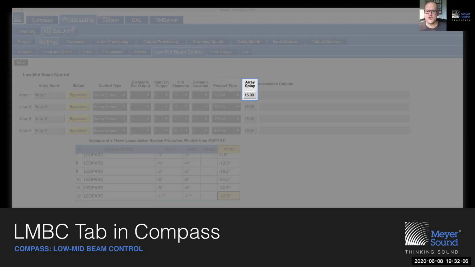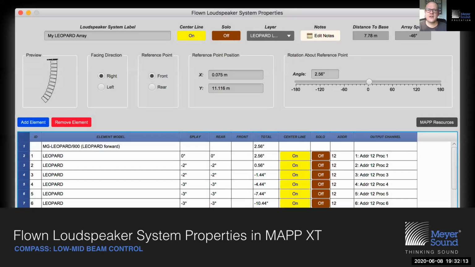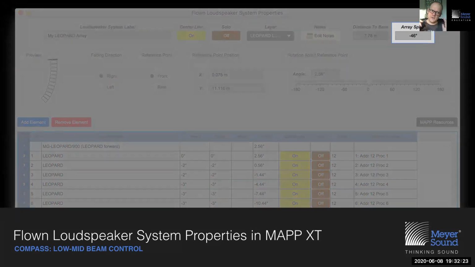Fortunately, this requires no math whatsoever because the array splay is shown at all times in the top right corner of your flown loudspeaker system properties in MapXT. So here we see the flown loudspeaker properties in MapXT, and notice that in the top right corner, that's where it says my array splay, which it did for the beam spread using the Leopard loudspeakers, but you will also find it there, as we're about to discover, when we did the steer up.